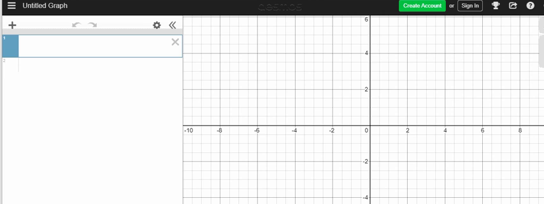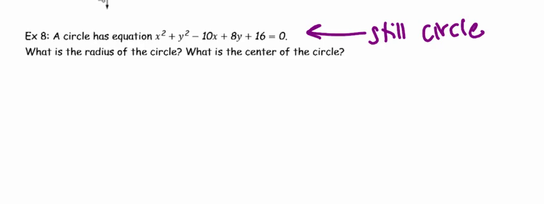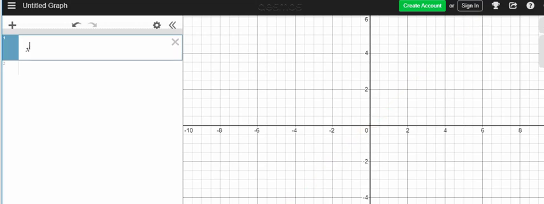Okay, so I've opened my Desmos window, and now I'm going to take that crazy looking equation and just type it into Desmos. So here it is: x squared plus y squared minus 10x plus 8y plus 16 equals 0. So I'm going to type all that in Desmos. So x squared, I think it was plus y squared. I should probably make sure.